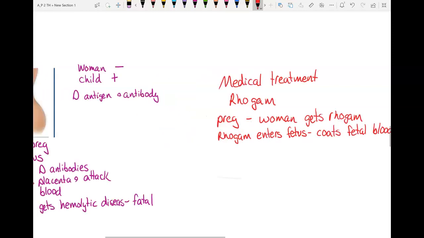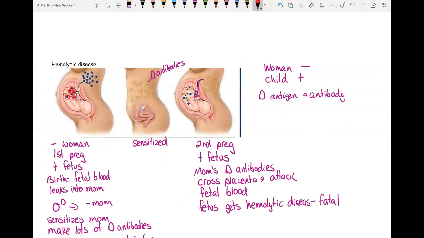Then when the woman gives birth and that fetal blood enters her body, these cells are camouflaged. They're coated in RhoGAM. Her immune system can't see the D antigens. It doesn't detect that they are there.